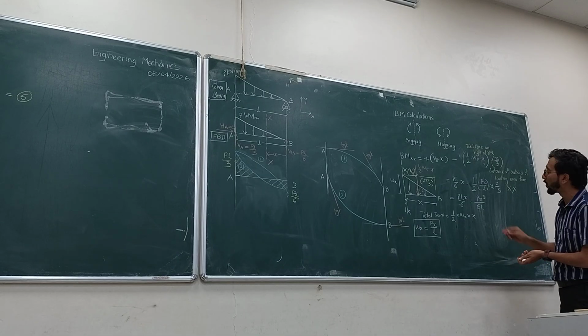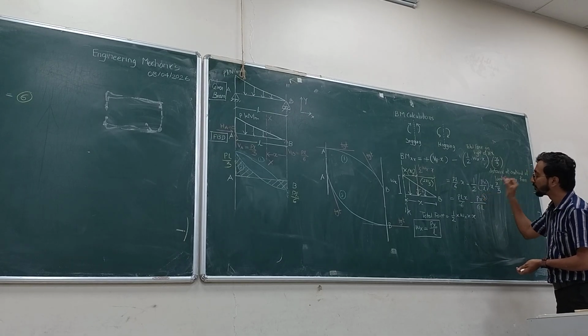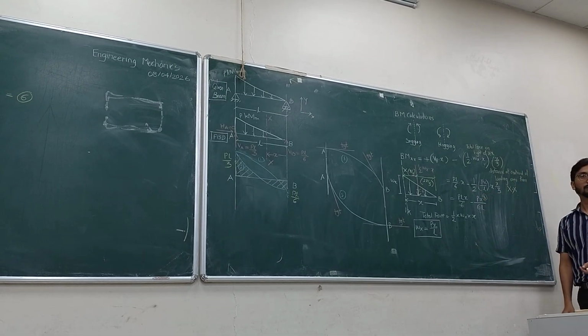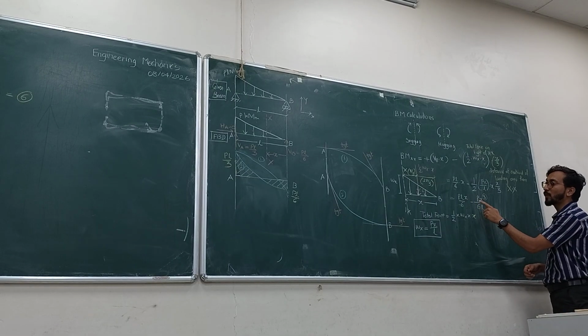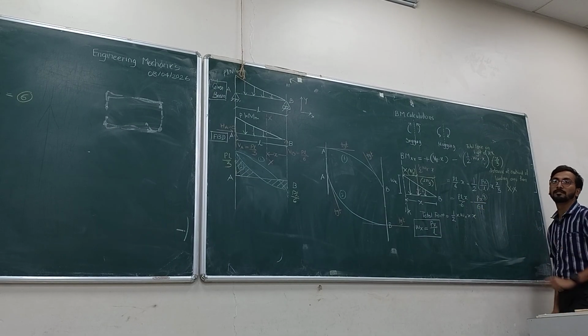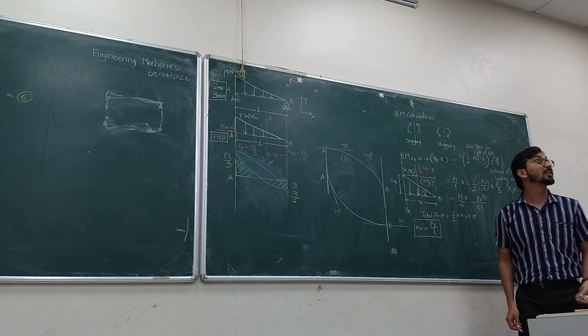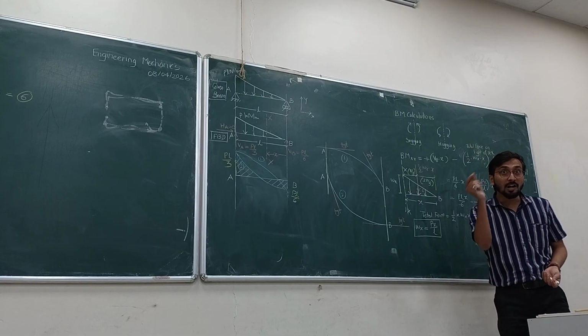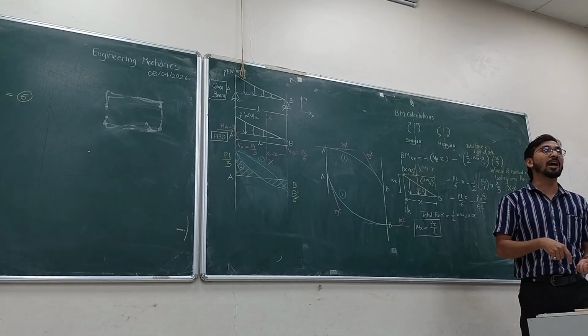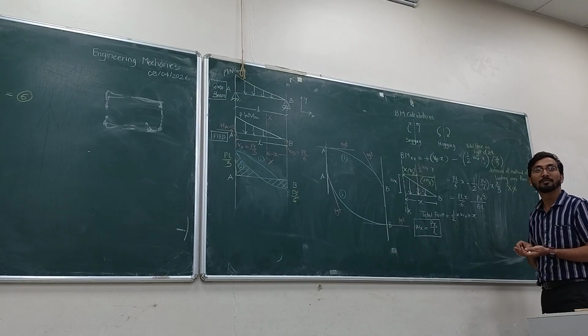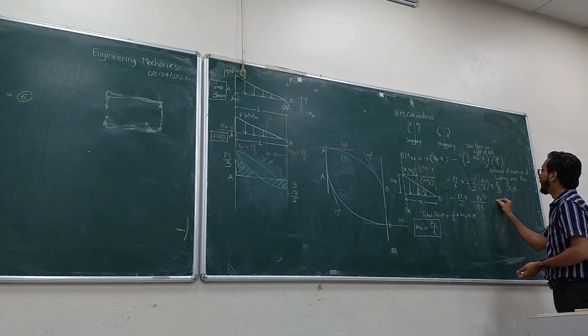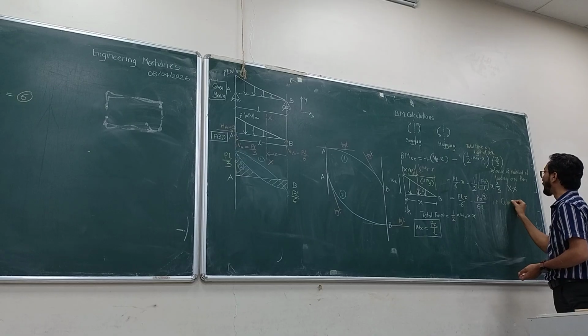You are getting the power of X as. So the bending moment equation, what you are getting? PLX by 6 minus PX cube by 6L. Yes or no? What does this mean? The curve of bending moment diagram is what? Cubic curve. That it is a cubic curve.